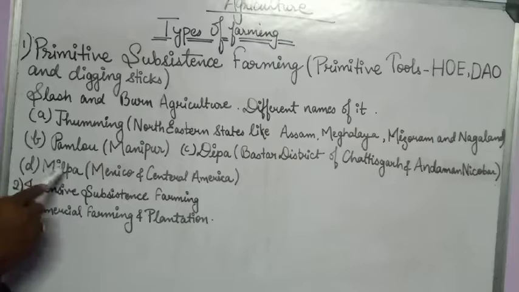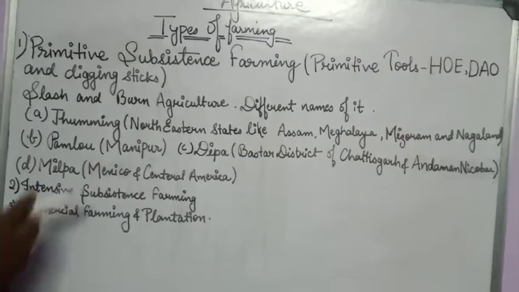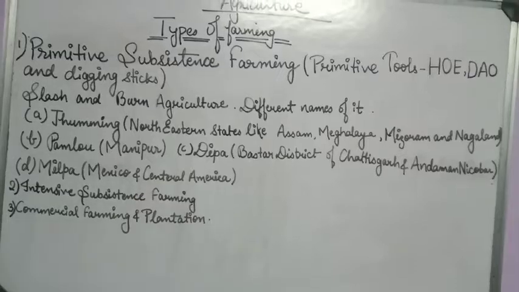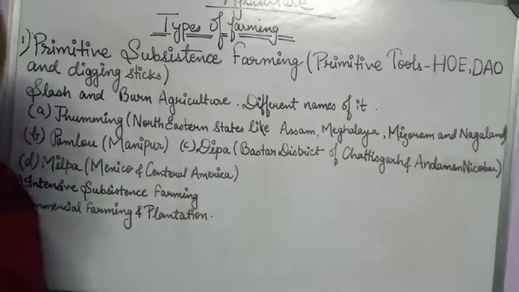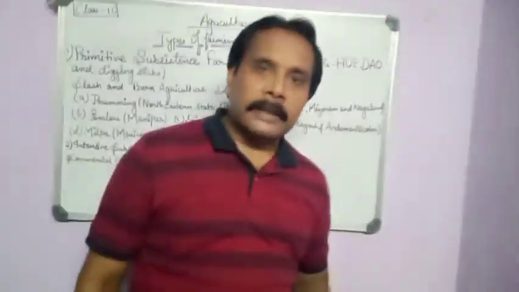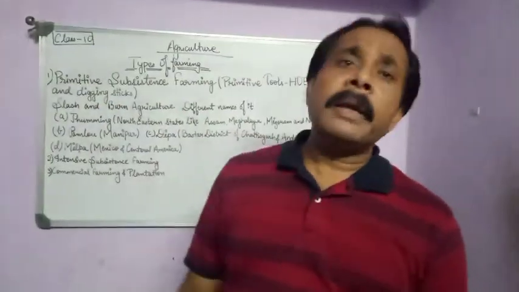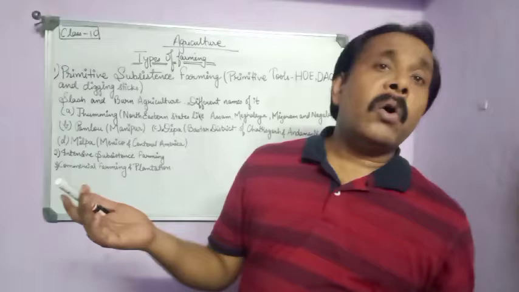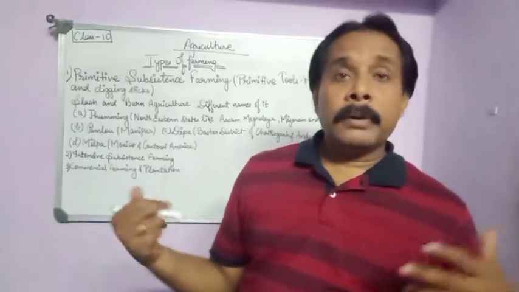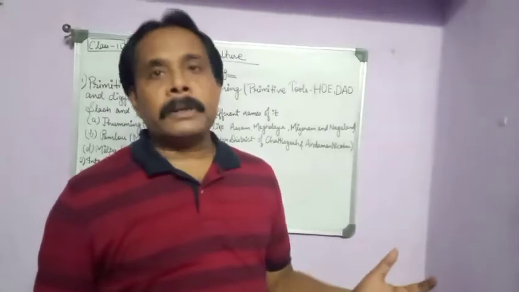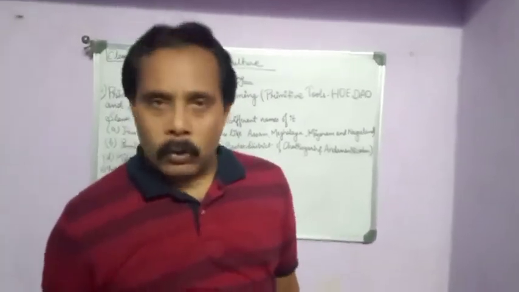So Milpa is the name of jhuming agriculture used in Mexico and Central America. In this way, we can say primitive subsistence farming was initially all around and was famous for producing crops.